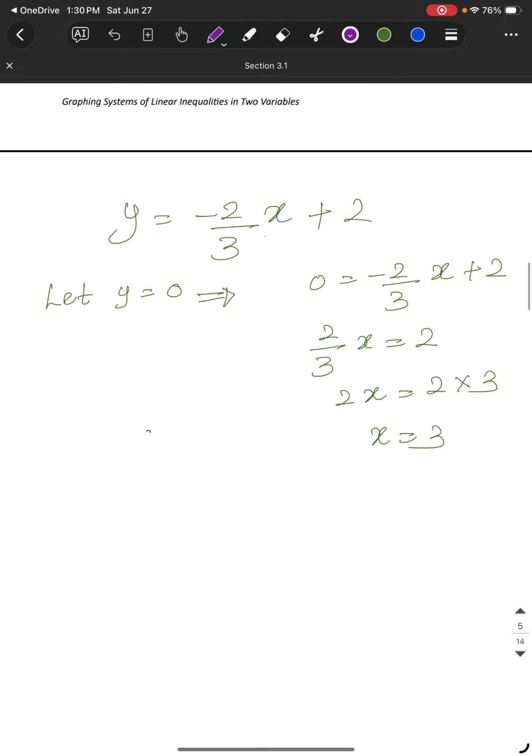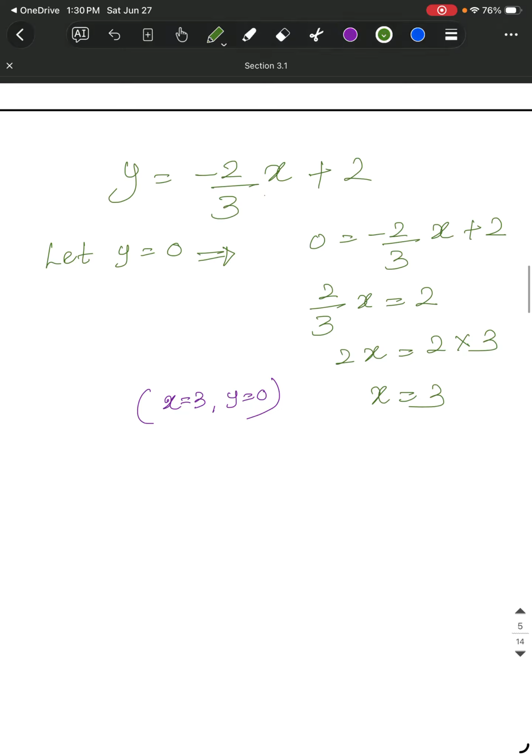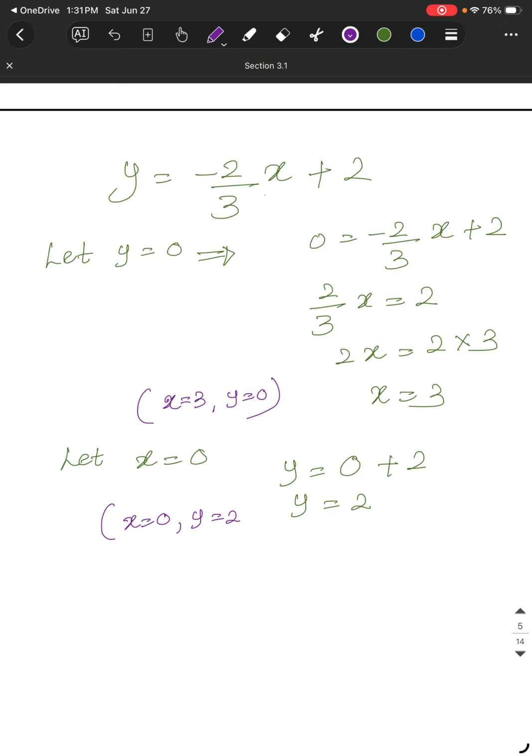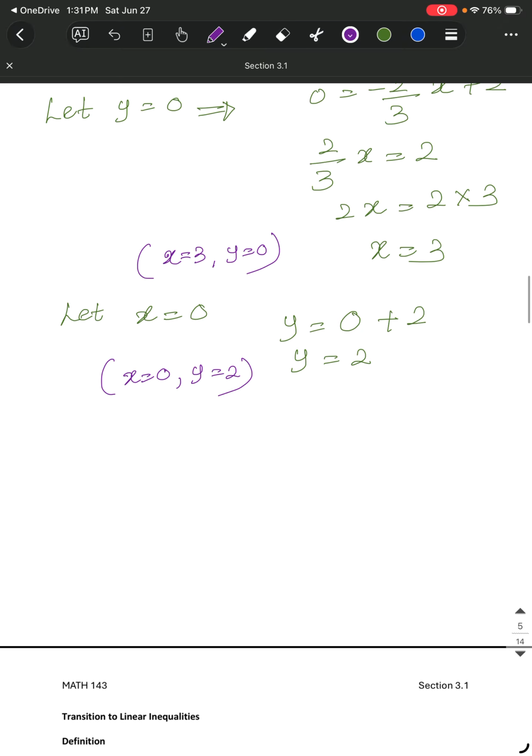So the line passes through the point x equals 3, y equals 0. Next, let x equal 0, then y equals 0 plus 2, y equals 2. So the point is x equals 0, y equals 2. Again, to draw the straight line, 2 points are enough.